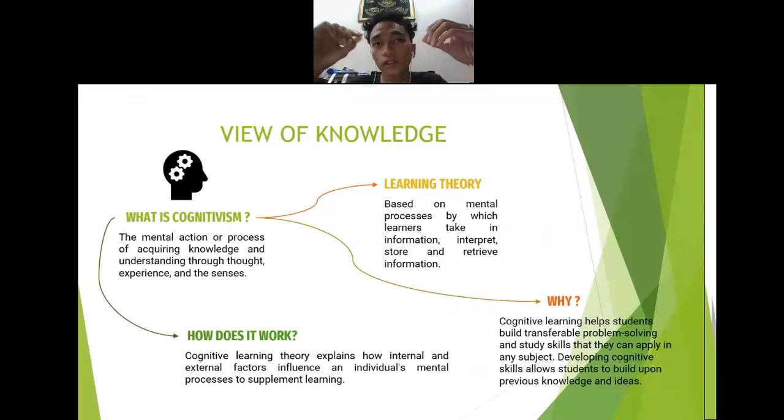So students do not just take the new thing and memorize. They basically interpret, store, and retrieve the information because knowledge, we use it for a long time.